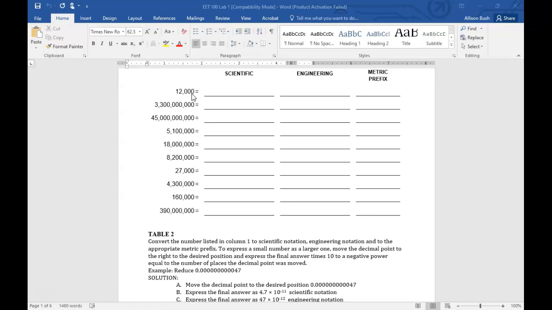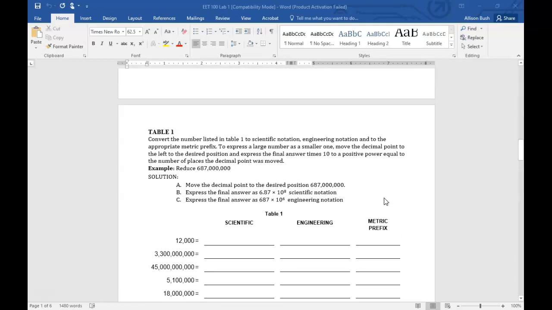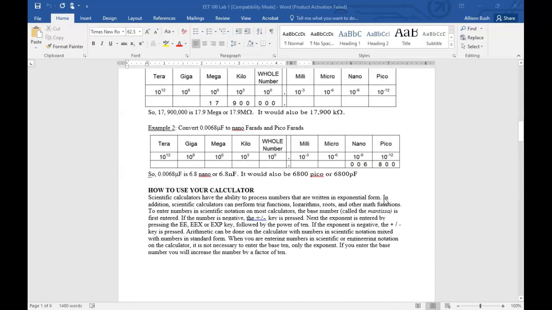Why is it kilo? All right, let's kind of scroll up. I know this is going to be really weird looking right here. But if you look, tera, giga, mega, kilo, milli, micro, nano, pico. That's how this particular one runs. Kilo, 10 to the 3rd.